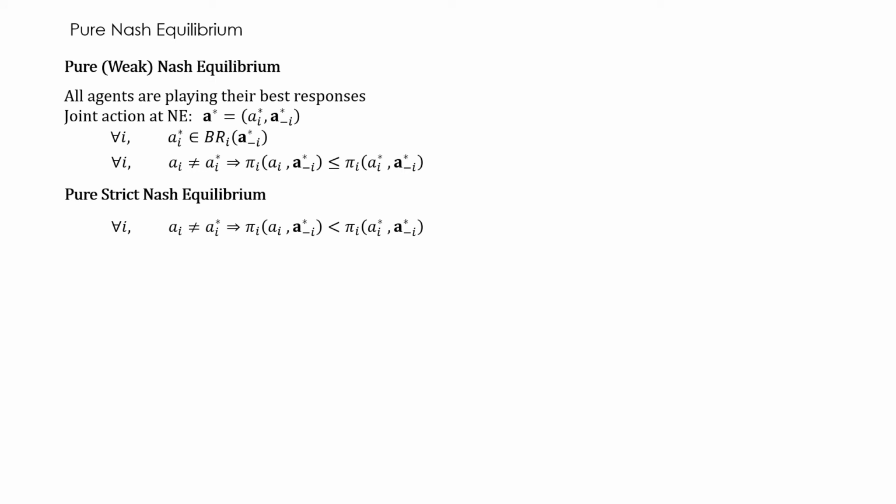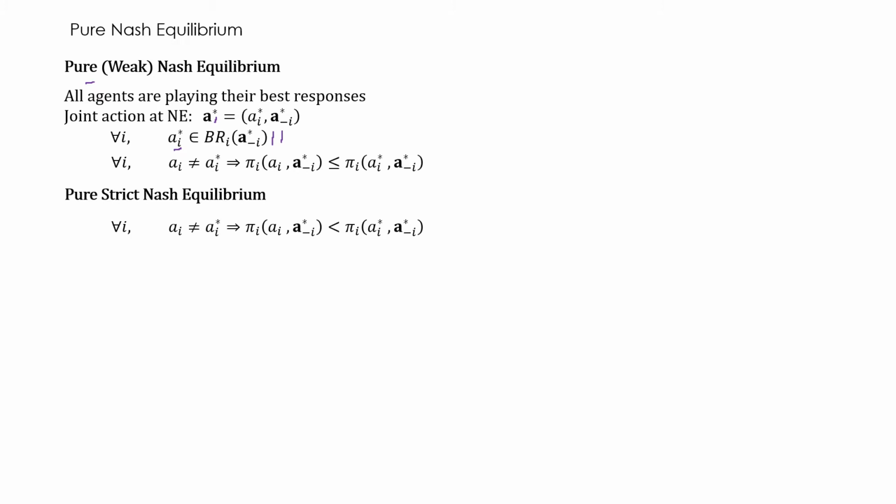So formally, we can define the Nash equilibrium, or rather the pure weak Nash equilibrium, as the joint action a star, where each agent is playing its best response to all its opponent agents.